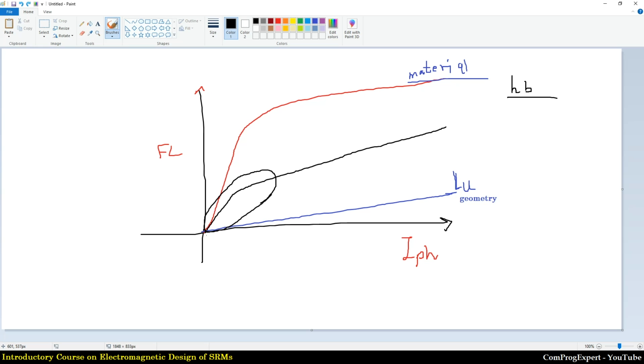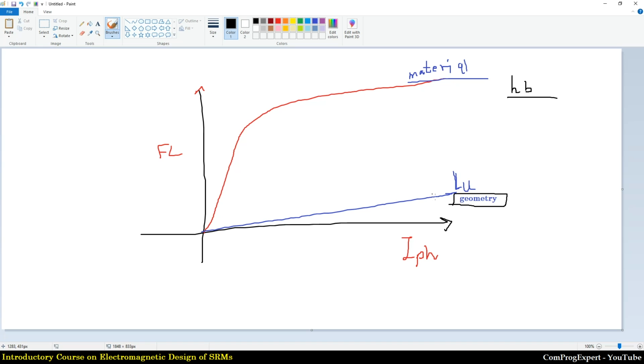So this is important. After selection of the proper electric steel, we cannot play with this flux linkage curve to improve the motor performance characteristics. But when we optimize the structure, we mean modifying this unaligned flux linkage curve, which depends on the geometry.